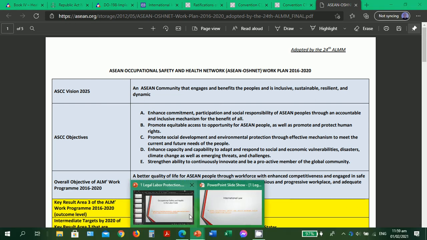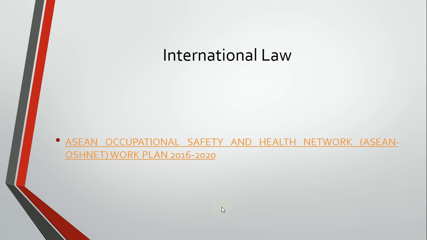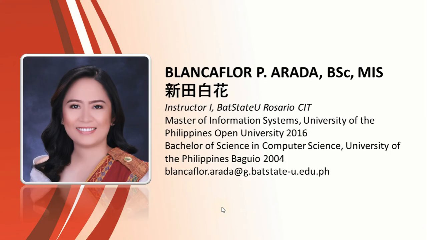So let's go back to our presentation. So if the European Union has its own OSH law, ASEAN also has. Since, again, we have to localize, since the Philippines is a member of ASEAN.